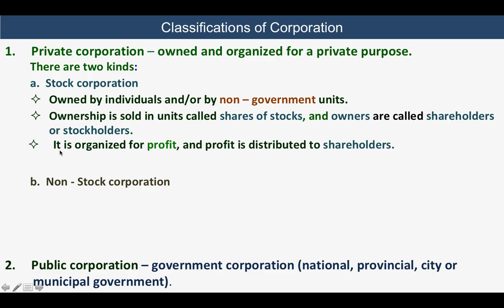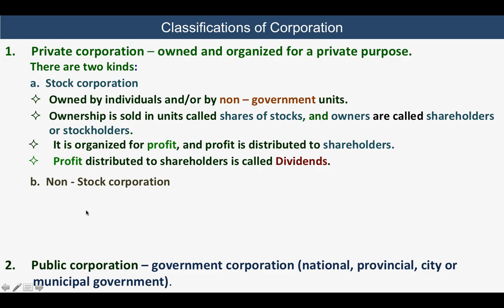A stock corporation is organized for profit. So the objective of the corporation is to generate profit, and the profit is to be distributed to shareholders. The profit distributed to shareholders is called dividends. So shareholders are given dividends.